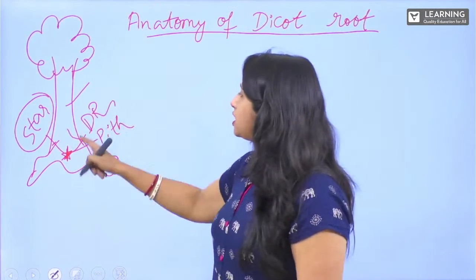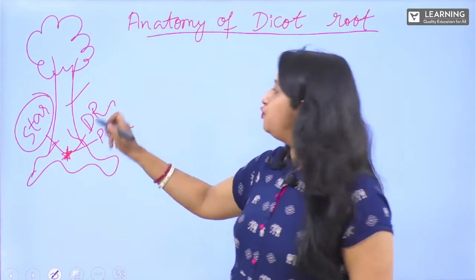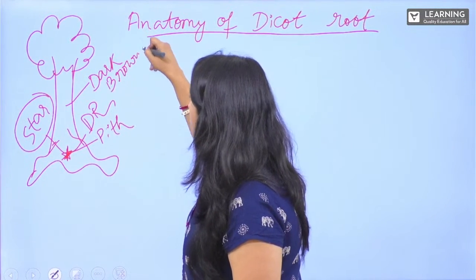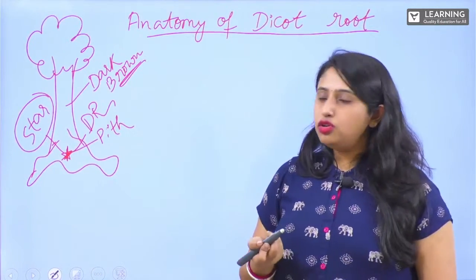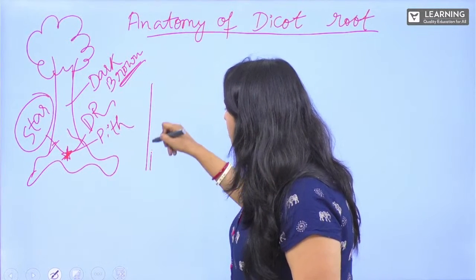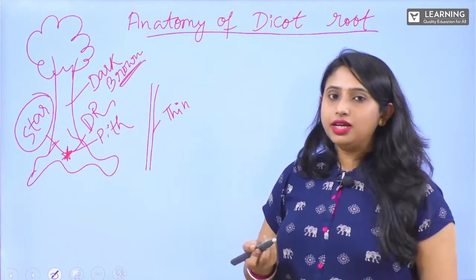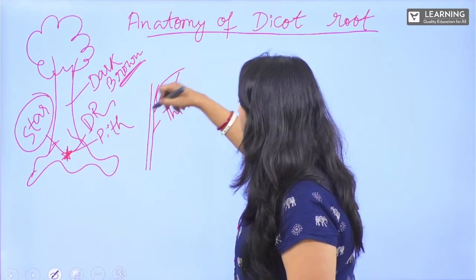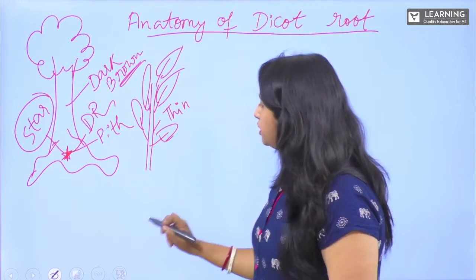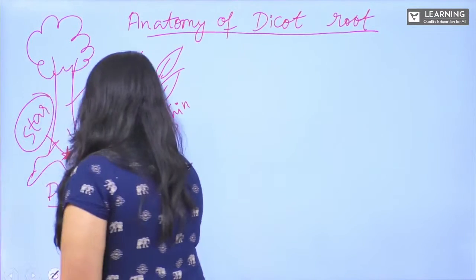So your dicot trees will be huge, and their stems will be dark brown in color. Whereas monocotyledonous plants, their stem will be thin, basically green in color. In case of your dicot, their stem will be thick.